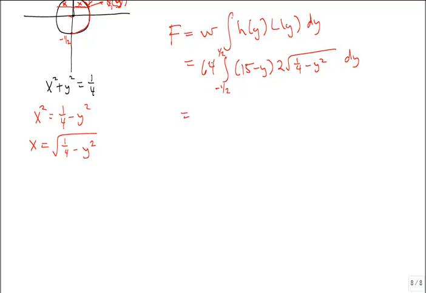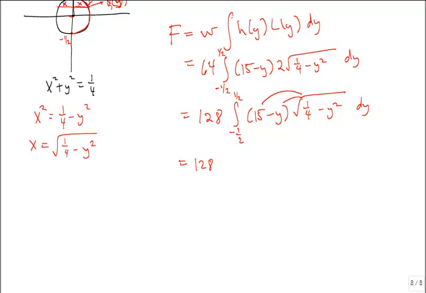So if I pull out my 2, this becomes 128. And this is very, very similar to the last integral that we attempted to solve here. So if I break this up and distribute my 15 across, I'm going to get 15 times the square root of 1/4 minus y squared, minus y times the square root of 1/4 minus y squared dy.